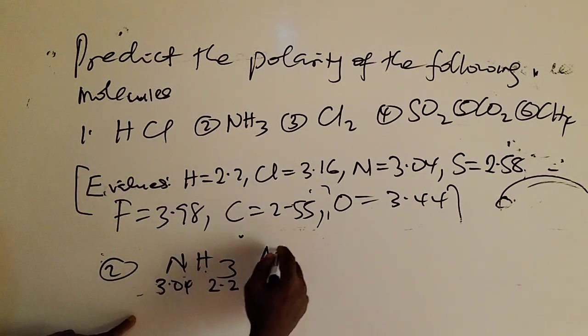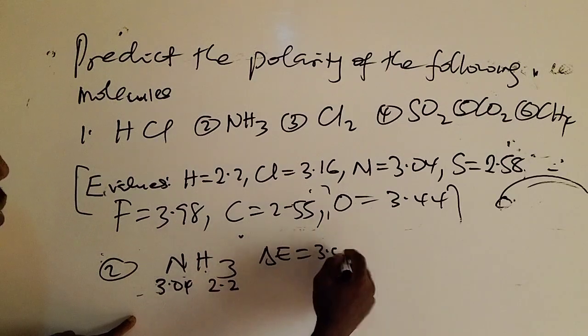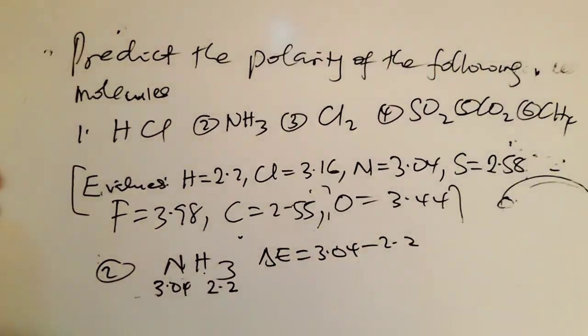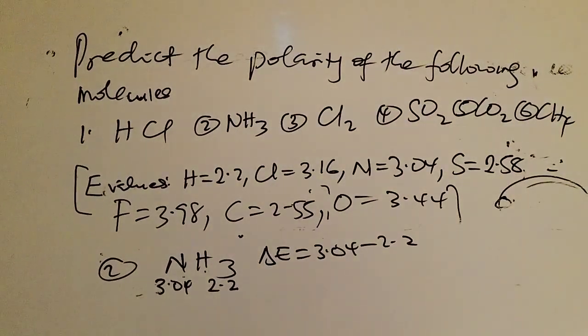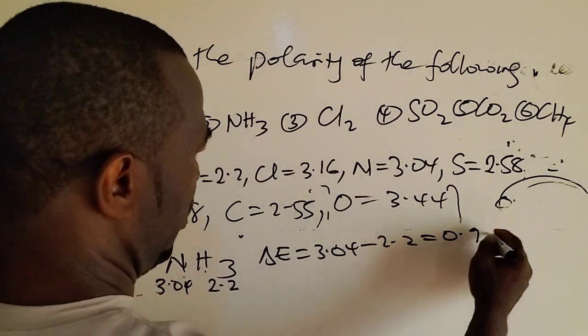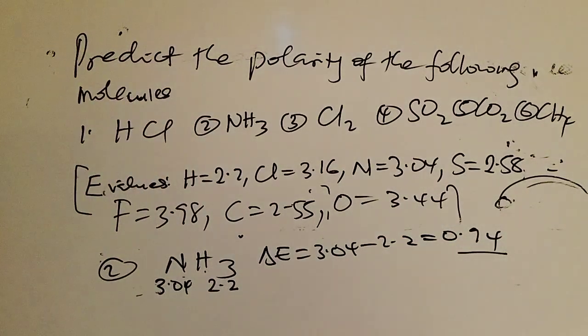We find the difference between them, 3.04 minus 2.2, which gives us 0.94. Also a large value that is above 0.4. That will help us to suspect this molecule as being polar.